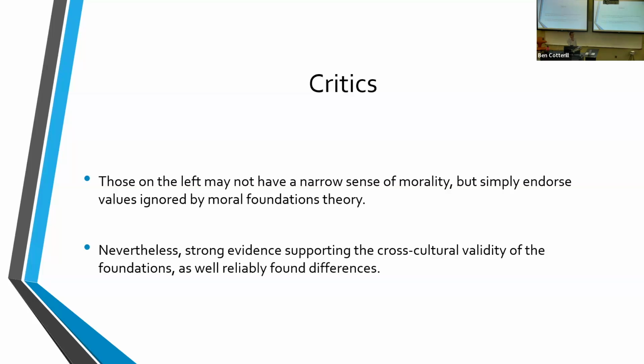Now, some critiques of this. First of all, the theorists are not saying that those on the right are more moral than those on the left. They're just saying that there are different criteria used to decide what is moral. But it certainly implies that those on the left have a more narrow view on what is moral behavior.